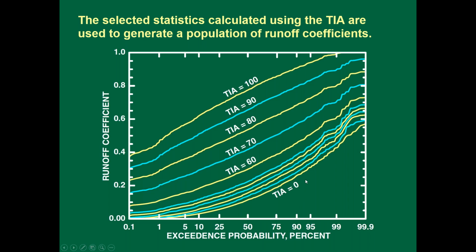So this graph shows populations of runoff coefficients that get generated from an imperviousness of 0, which is the yellow line here down at the bottom. These are the runoff coefficients that occur over a long-term simulation, and the probability scale on the horizontal axis is the probability of exceeding it.